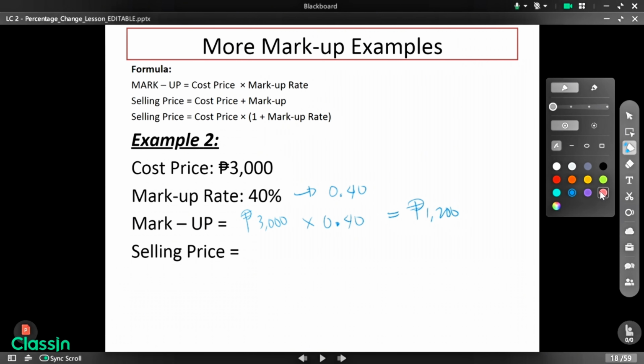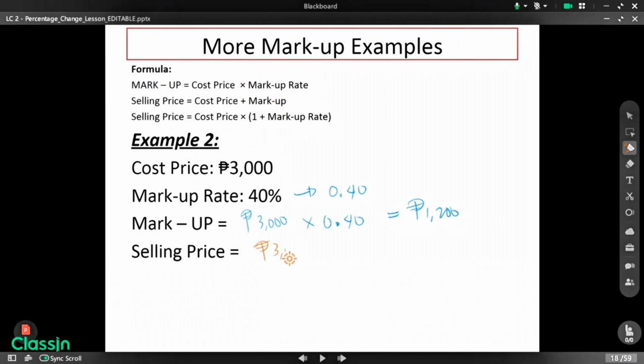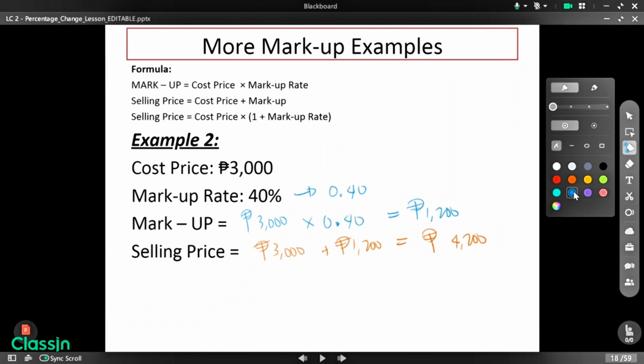Now, what about the selling price? We just need to add the cost price to our computed markup, which is 1,200. So we will have 4,200. Now let's use the other formula.